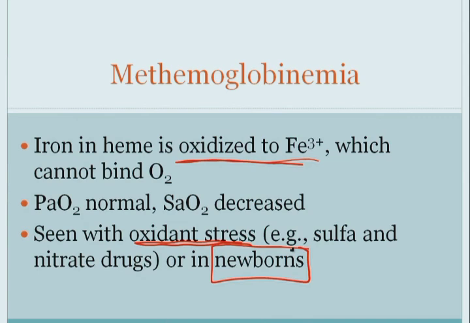And so physiologically, we have enzymes that participate in creating the mediators necessary to reduce iron back to its 2+ state. Now, newborns' machinery to be able to do this is a little bit immature, and so newborns are particularly susceptible to the development of methemoglobinemia.